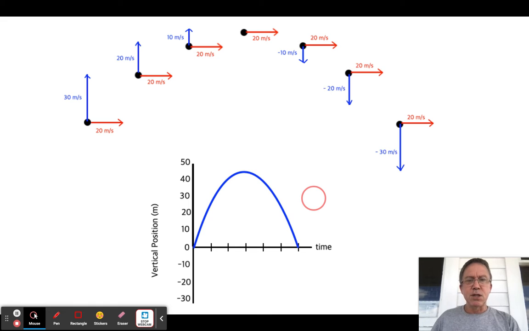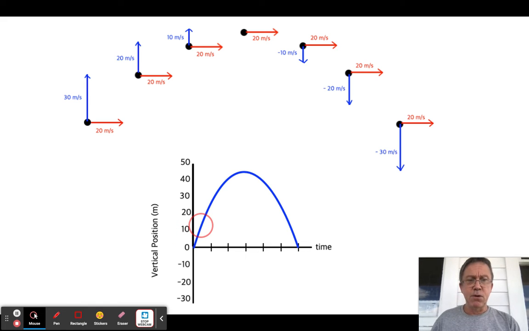For the vertical position, it starts off going very quickly upwards, so it has a steep slope, and over time that slope gets closer and closer to zero. In fact, if it was projected upward at this velocity, it would reach about this height here, and then come back down. And remember, smiles are positive and frowns are negative, so we see this negative acceleration, which we would associate with gravitational acceleration working on an object that has an initial positive velocity, a positive slope.